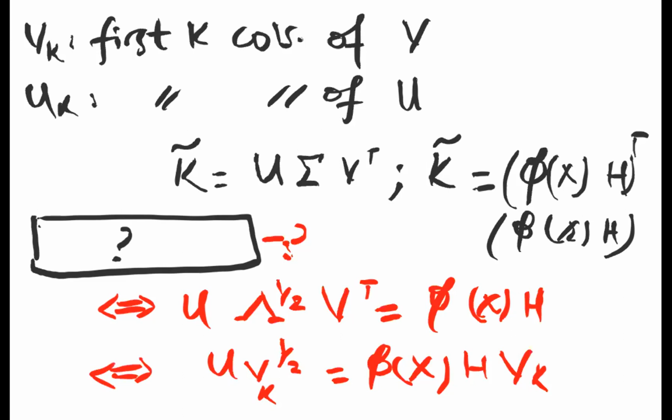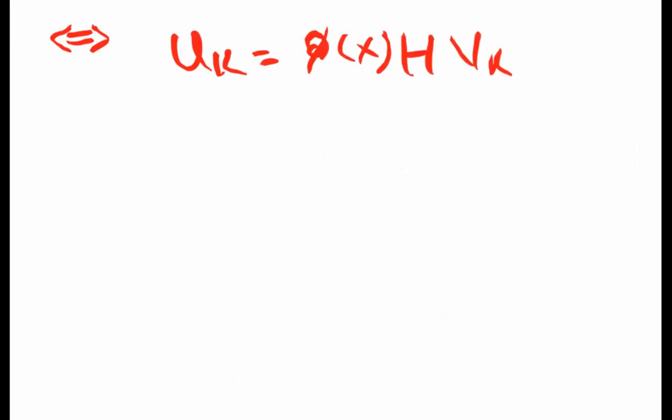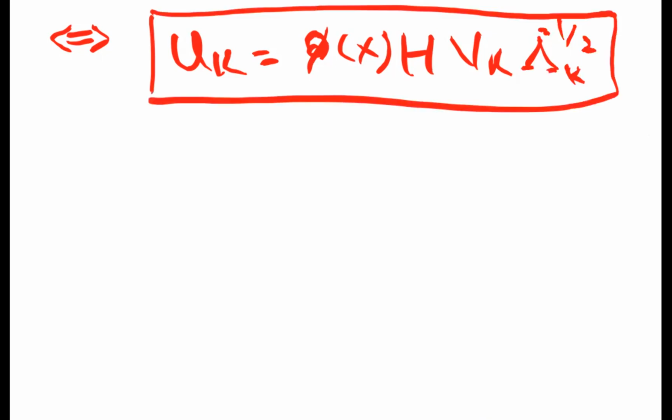If we are just interested in the first k columns, we simply do just that. This further implies that U_k is equal to phi of X H V_k sigma_k to the power minus half. So this is what we wanted to do: find an expression of U_k in terms of all these matrices.